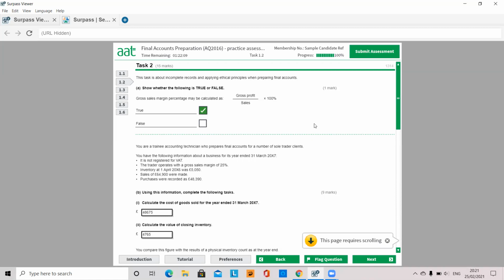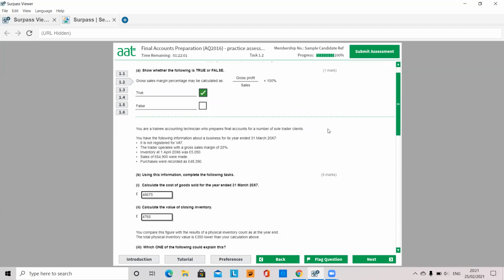And the next one says you're a trainee accounting technician who prepares final accounts for a number of sole traders. And it said you have the following information about a business for its year end 31st of March 20x7. It is not registered for VAT, and the trader operates with a gross sales margin, so gross profit margin, of 25%.